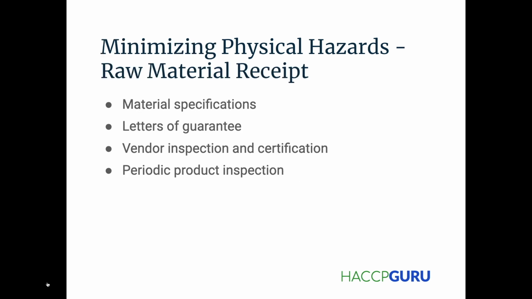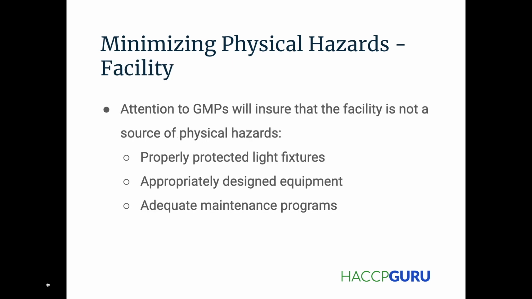So how do we manage or minimize the hazards? You got material specifications, letters of guarantee, vendor inspection and certification, and then periodic product inspection. So throughout production, you got to make sure you're looking at the product and saying to yourself, is this good? Yep, it's good. Because every now and then you will find something.